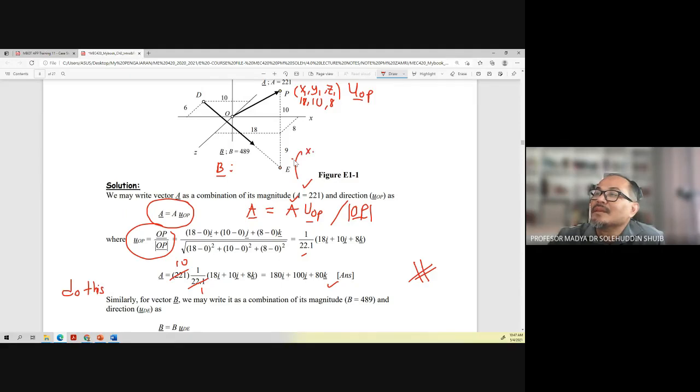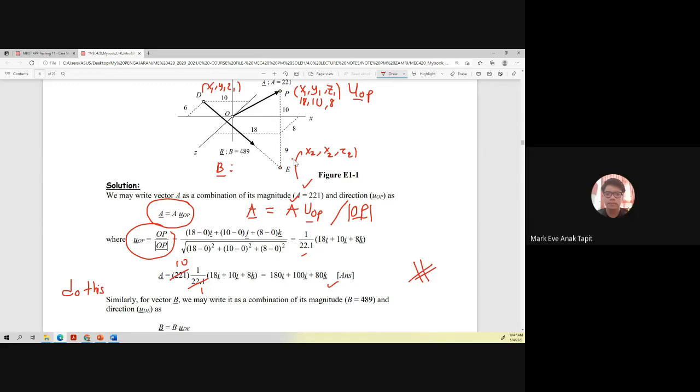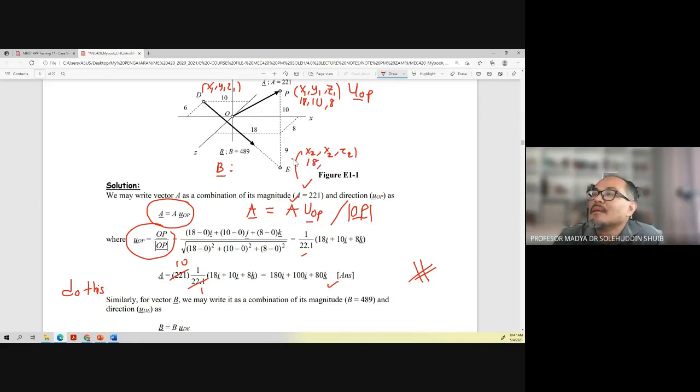I say this one is x1, y1, z1, and this one is x2, y2, z2. So what is the value of this coordinate? 18, -9, and 8. Let's check.